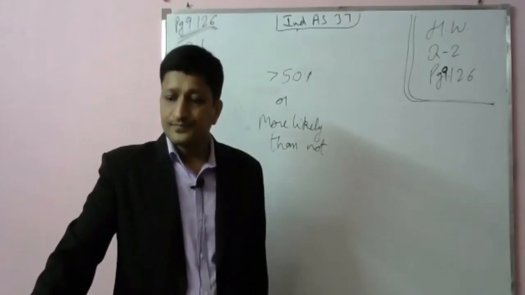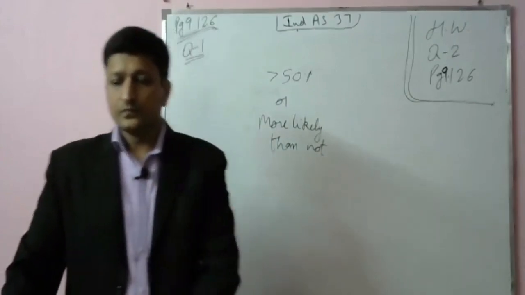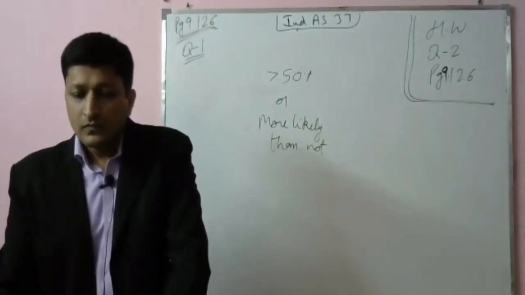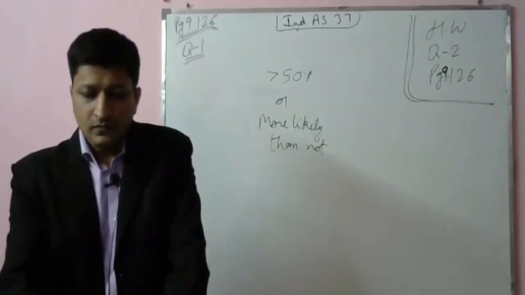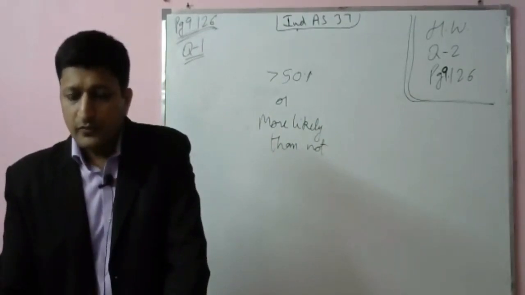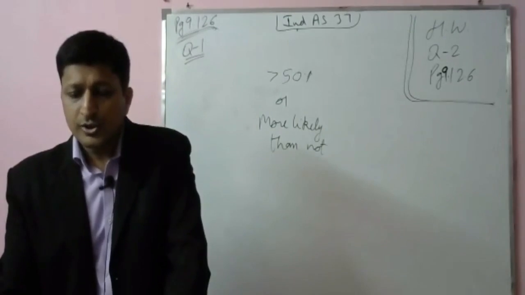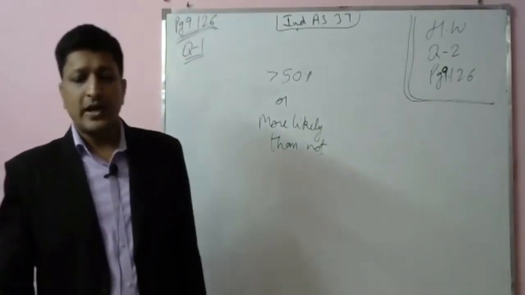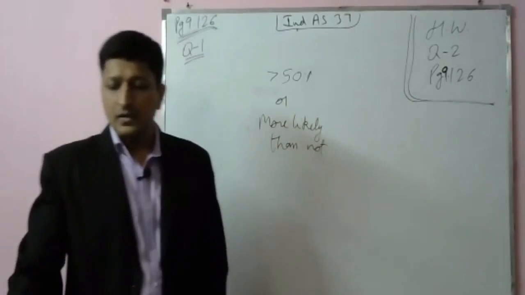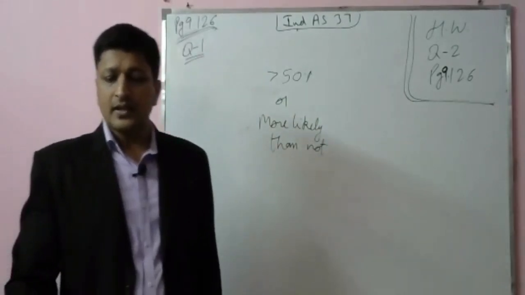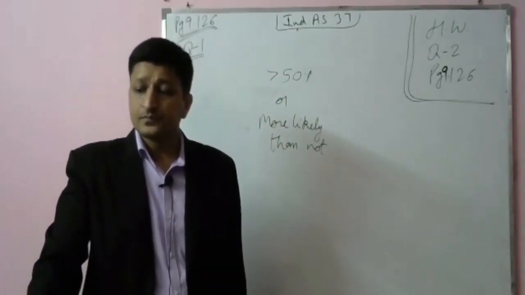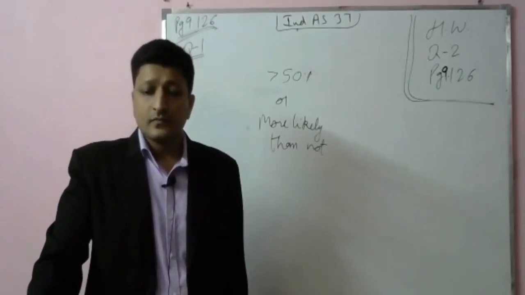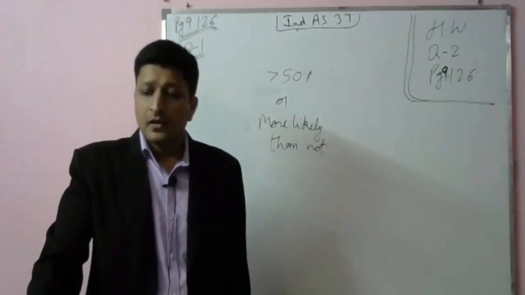Okay. I think you have some confusion on this question. I'll revisit this one and we can then discuss it again in the next session. All right, clear? Okay, perfect.